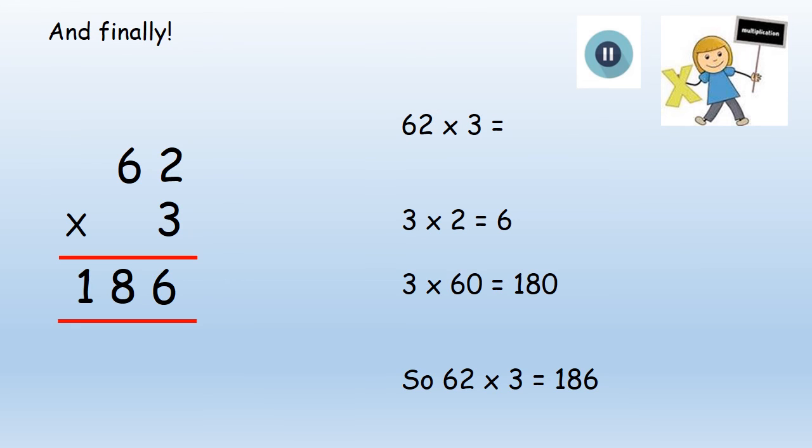And finally, 62 times 3. So you should have done the ones first. 3 times 2 equals 6 and written that between the lines. Then the tens. 3 times 60 equals 180. So 62 times 3 equals 186.